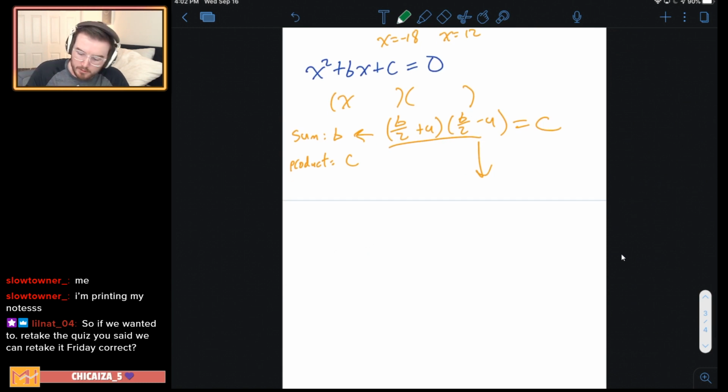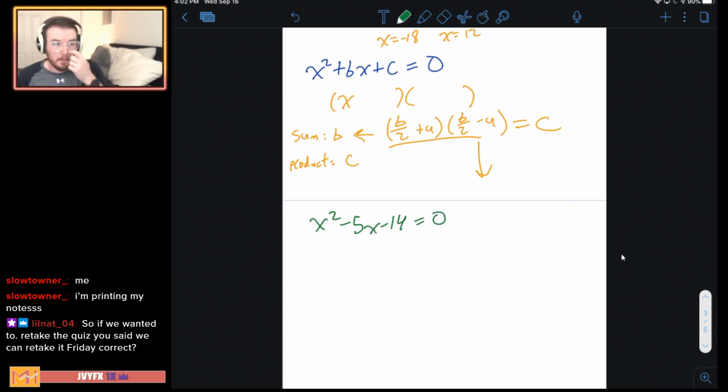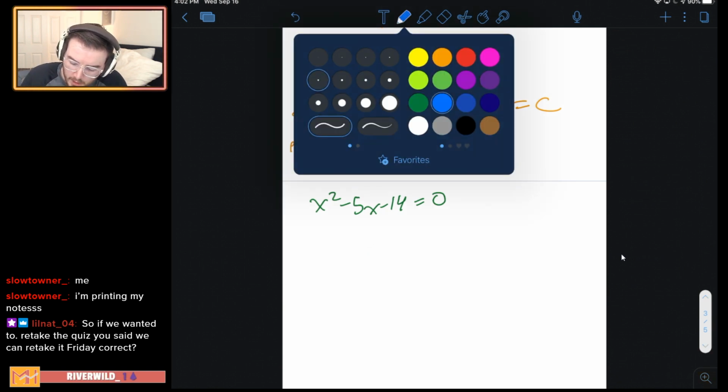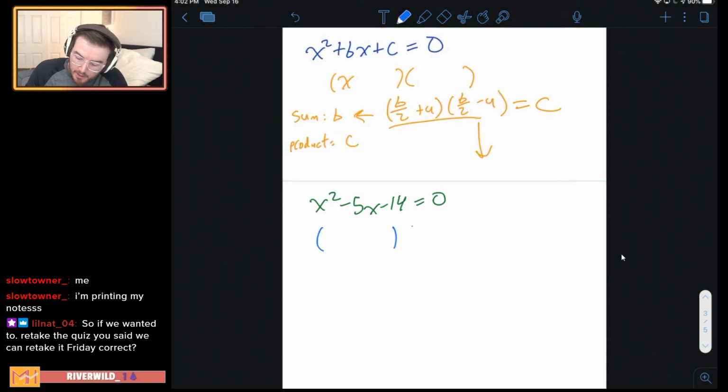Another example. X squared minus 5x minus 14 equals 0. Gonna make this one a little bit more challenging. But when we factor it, we're following the same thing, okay? We're trying to figure out what these two numbers are. These numbers are a little bit smaller.